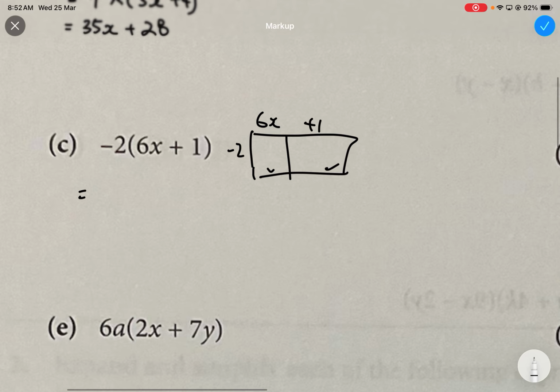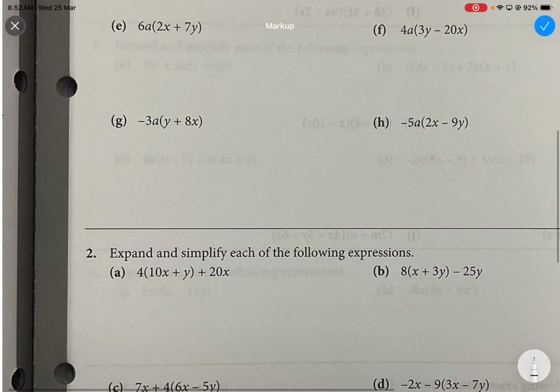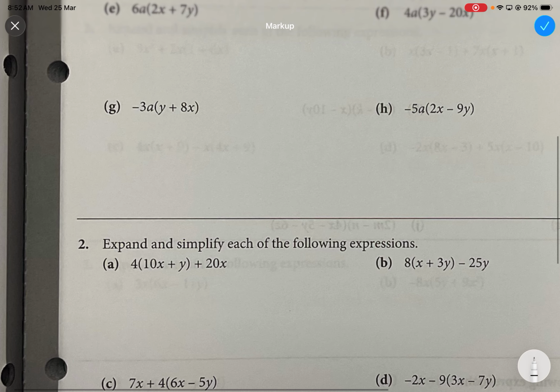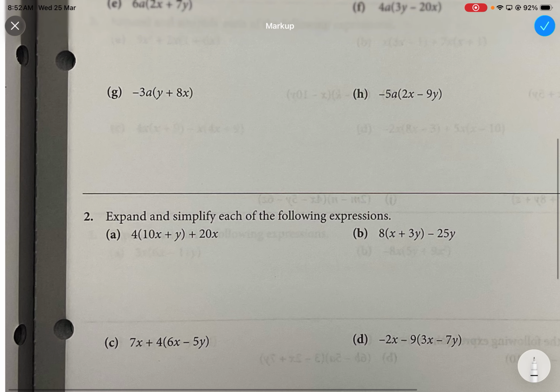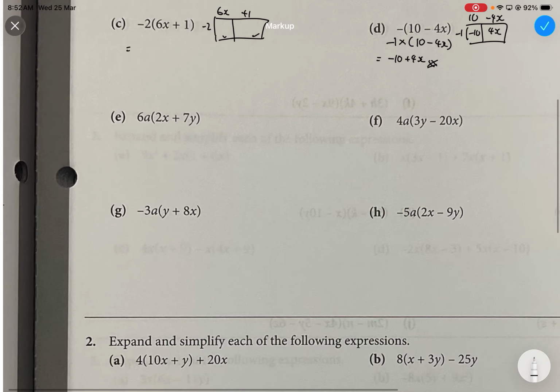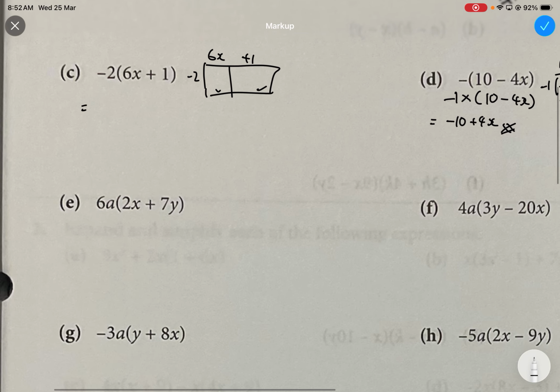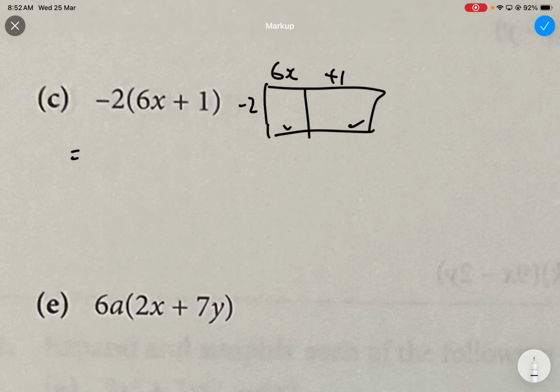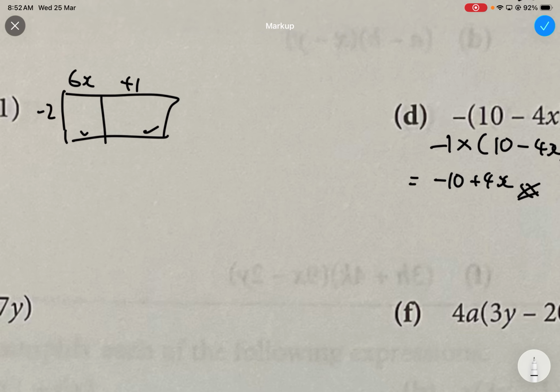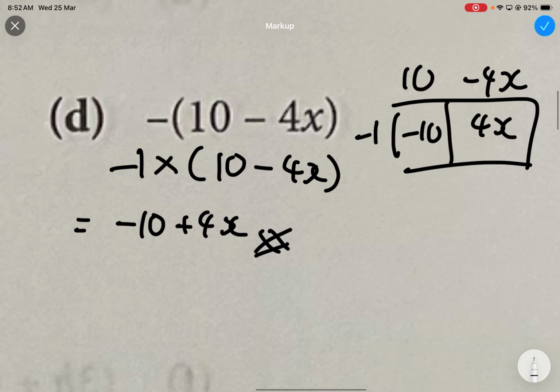I am subtracting 9 times of negative 7. That's why negative 9 times negative 7 become positive 63. Okay? Then minus 2x minus another 27x is minus 29x plus 63y. Answer.